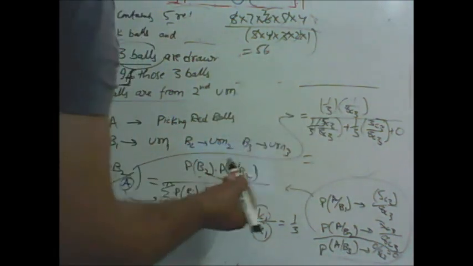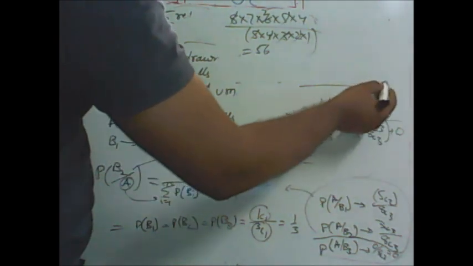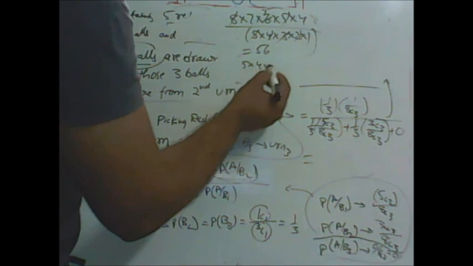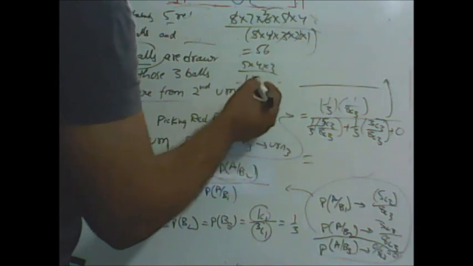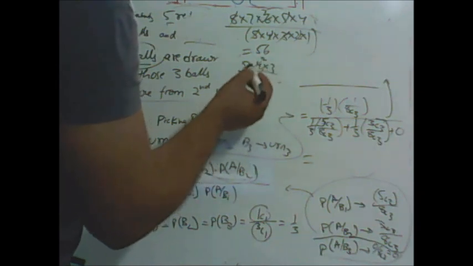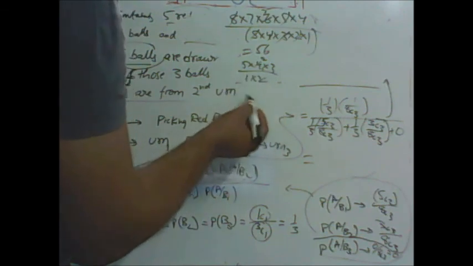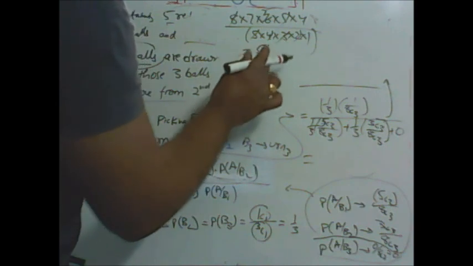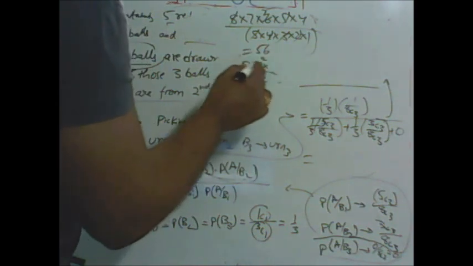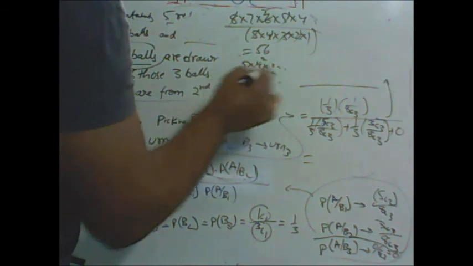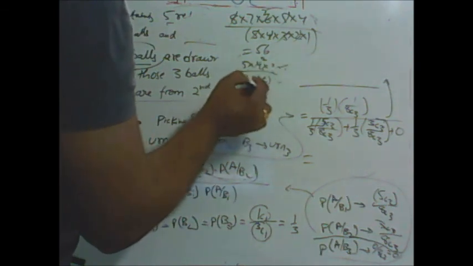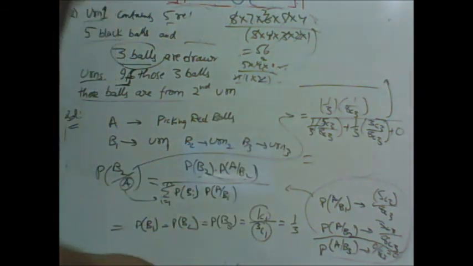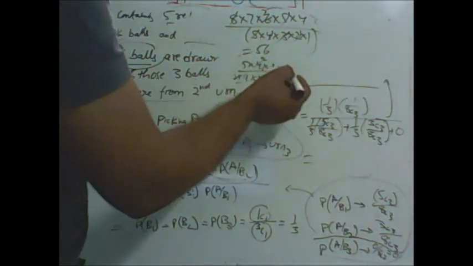So 8C3 is 56. Now 5C3: 5 into 4 into 3 into 2 into 1 divided by 3 factorial into 5 minus 3 factorial, which is 2, so 5 into 4 divided by 2 is 10. You can calculate this yourself, as the formulas were already discussed earlier.